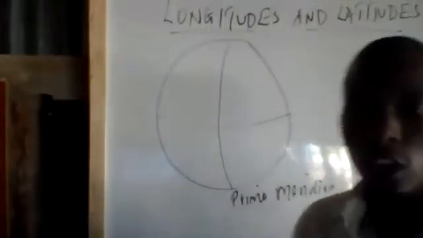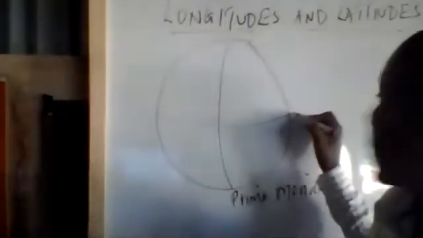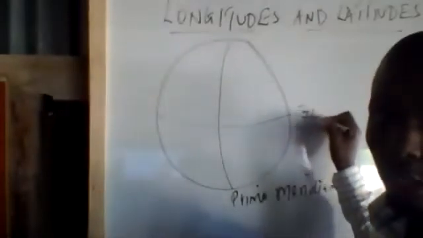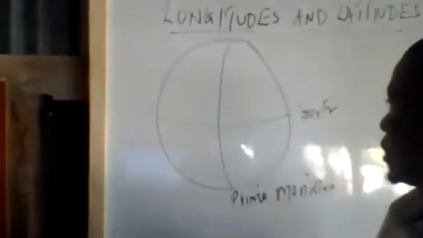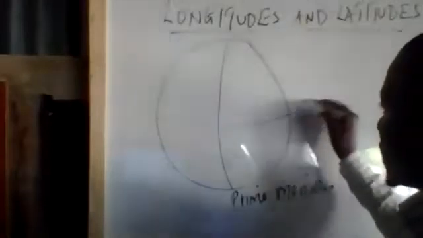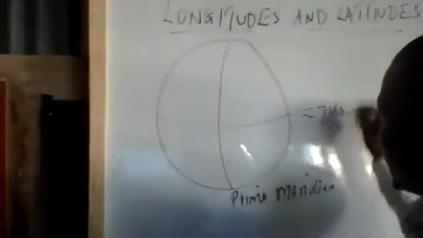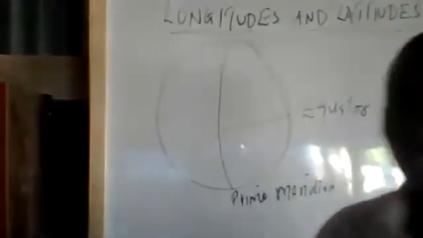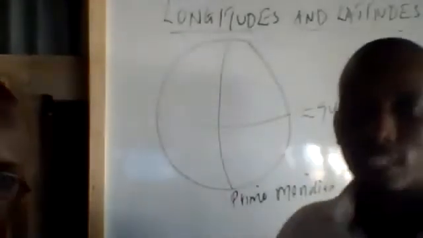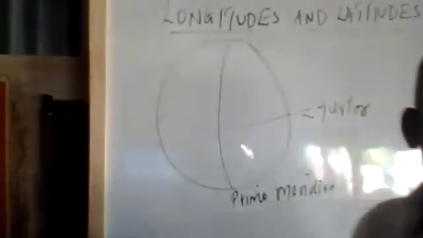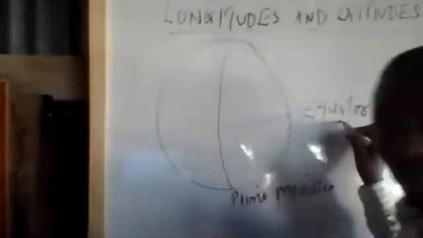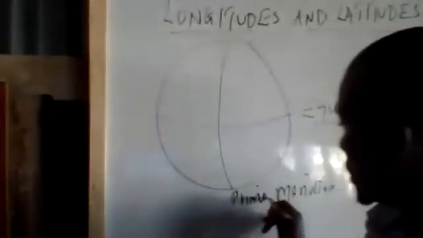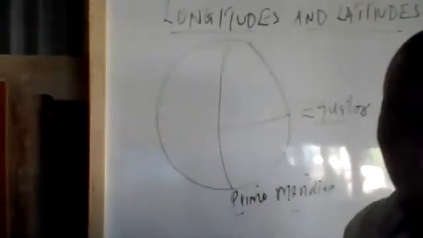And also, the line that you're seeing at this particular point is called the equator. Those are the two major lines that I want every person to have an understanding in, because those are the basics that we want to deal with. Here, we have the equator, and we have also the prime meridian.